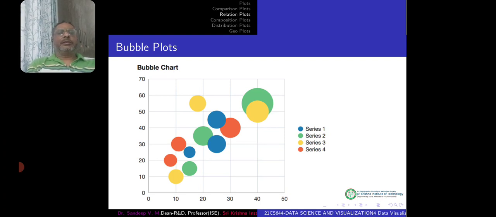But yes, the trend is with increase in x, the size is increasing, but the y value is not steadily increasing as we found in red and green. Same thing is true with the blue also. With increase in x, the size of the bubble is increasing.